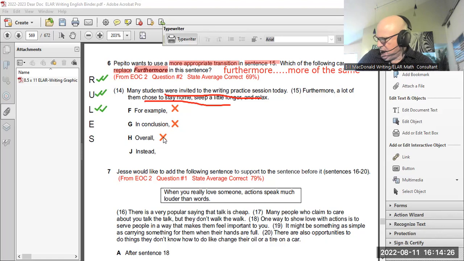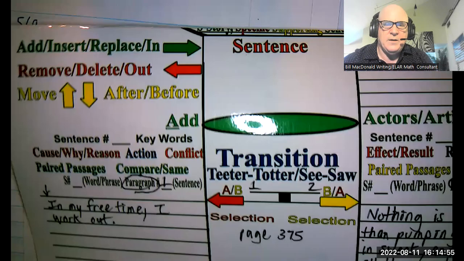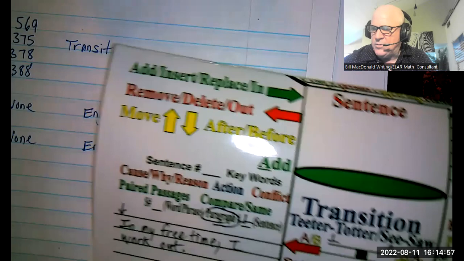So how does that look on the revising graphic organizer? Let me come out and show you so that you could have your kids, even if you don't want to use the revising graphic organizer, if they use the teeter-totter concept, the seesaw concept, here is the one that we're looking at.